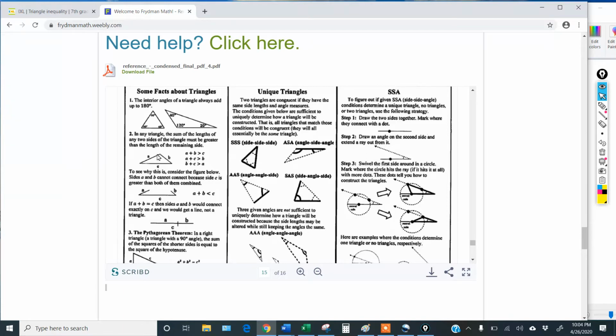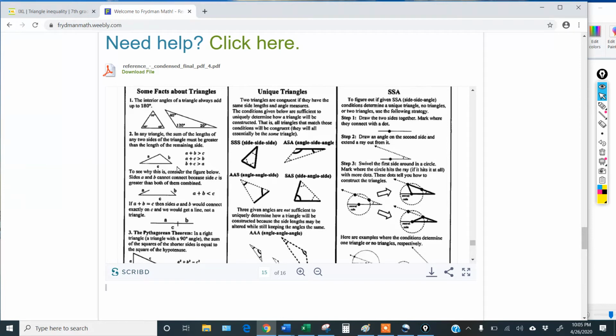For example, in this triangle, A plus B is greater than C. We also see that A plus C is greater than B, and B plus C is greater than A. So if we take any two sides and add them together, the length of those two sides put together will be longer than the remaining side.